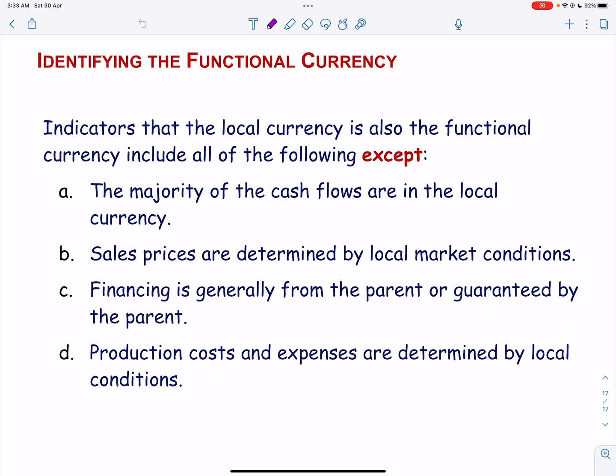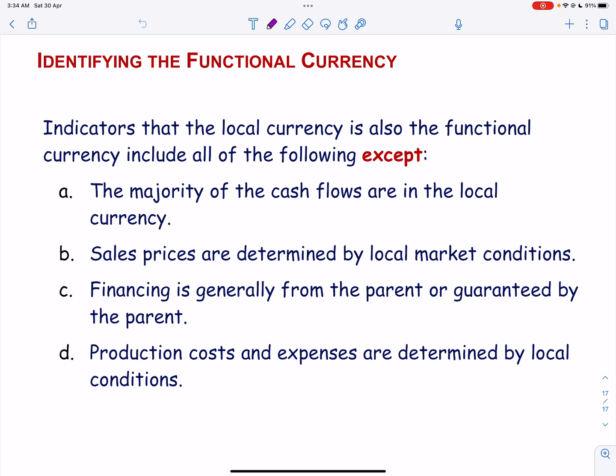So C is the correct answer in this question, but look at number D as well. Production cost and expenses are determined by the local condition, and the answer is yes. This is one of the main factors that state whether it is a functional currency or not. So financing is definitely the weakest one of these 4, so the answer is C in this case.